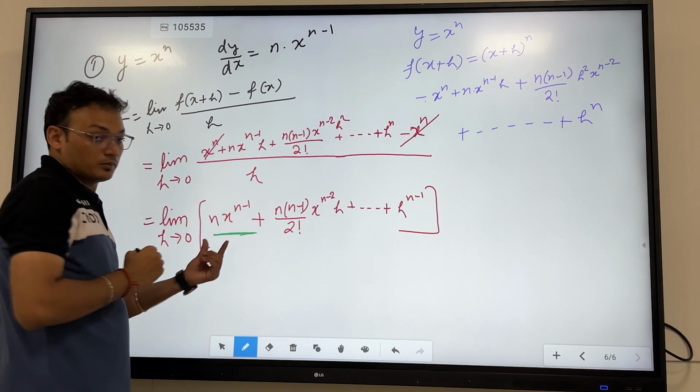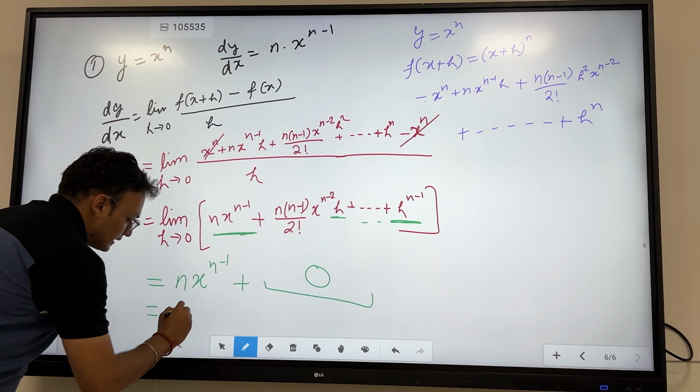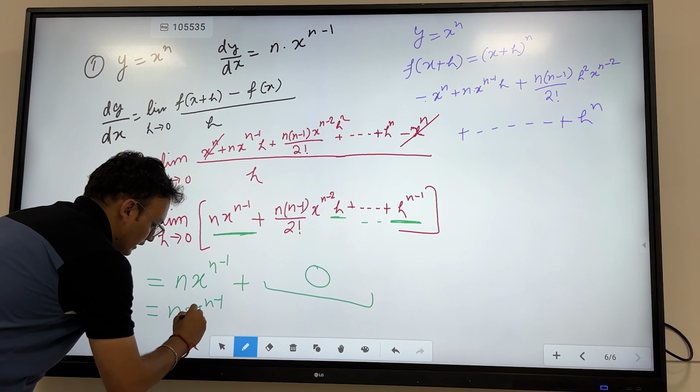However, all the other terms will have h, right? So when I apply the limit, when I put h tends to 0, what will I get? I will get n times x raised to the power n minus 1, and all the terms will become 0. So can I say this is n times x raised to the power n minus 1?